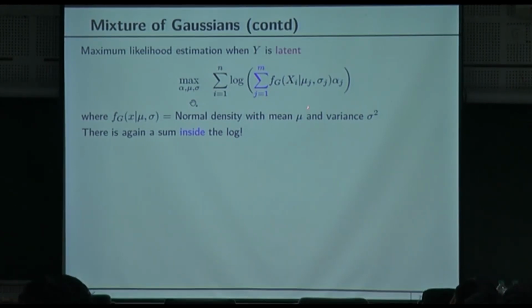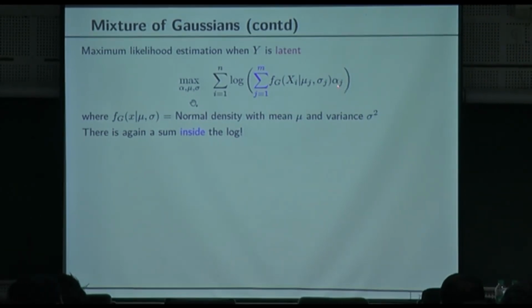The probability of seeing the data is what? It's a sum of i going from 1 to, just correct this, not little n but capital N. This is the number of data points that I have. They are IID. What is the probability of seeing a particular data point xi? Alpha j is the probability it came from class j.